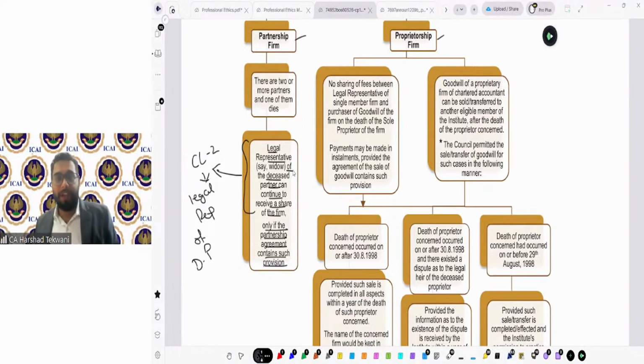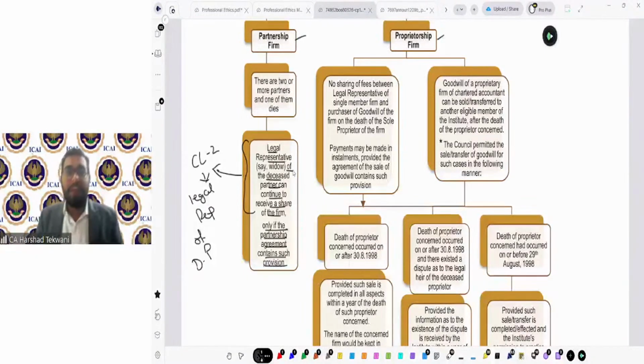Now coming to a proprietorship firm, where there was a sole proprietor. What will happen when the proprietor is no longer present, that is, if the proprietor died?